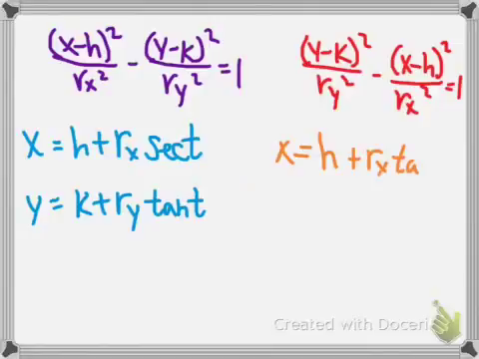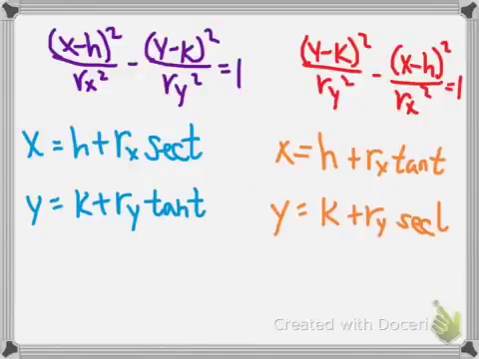So x equals h plus the x radius times tangent t, and y equals k plus the y radius times secant t. That is the parametric for a hyperbola. It's just a matter of picking whether it's horizontal or vertical, and then identifying where each goes.